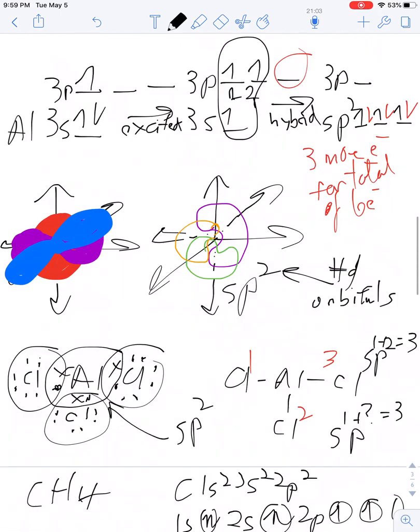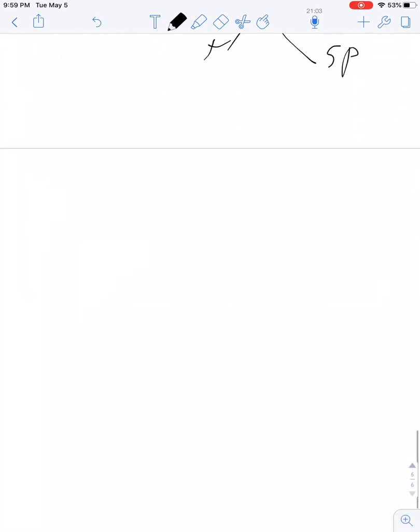So let's just do another practice one at the bottom here. What if I had, let's say, boron trichloride. Okay, do the Lewis dot structure. Boron follows the rule of 6. Chlorine follows the rule of 8.